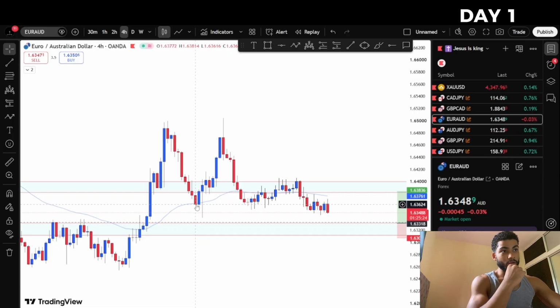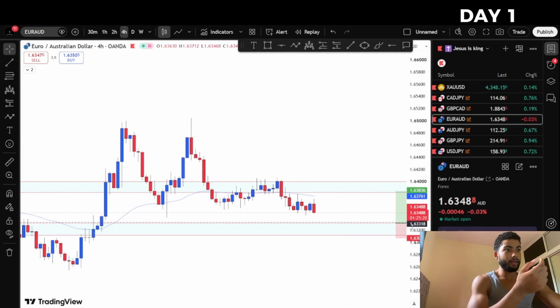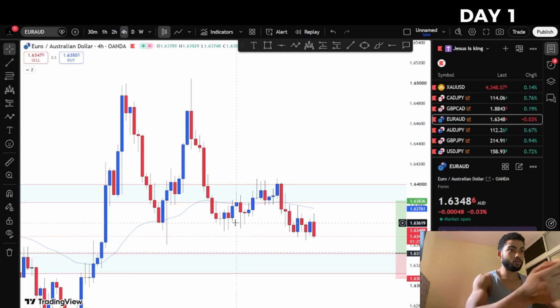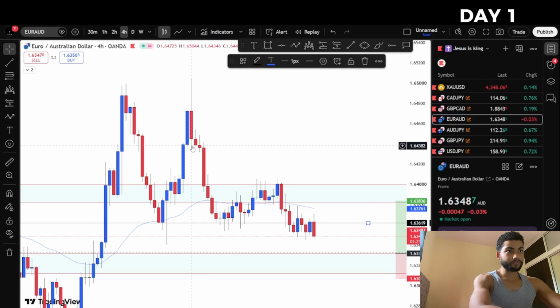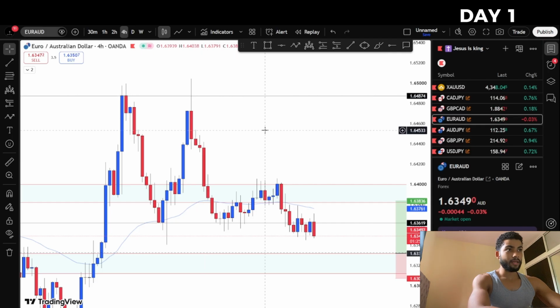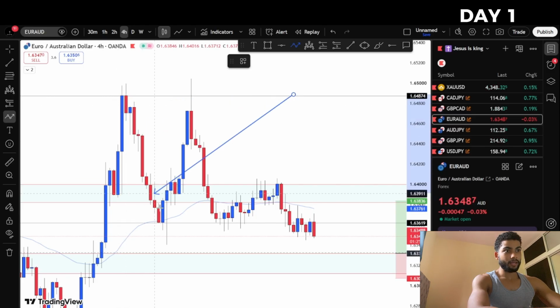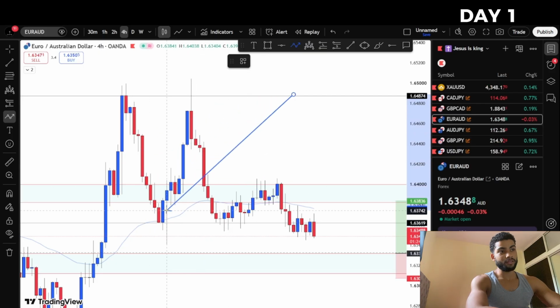So this is the lower low, this is the lower high, and this was the lower low, and this was the lower high. Let me mark this up. As long as price is within the lower low, the lower high, and the lower low, we're still bearish. It does not matter whatever it does in between.